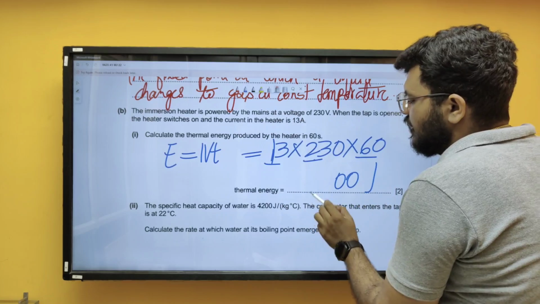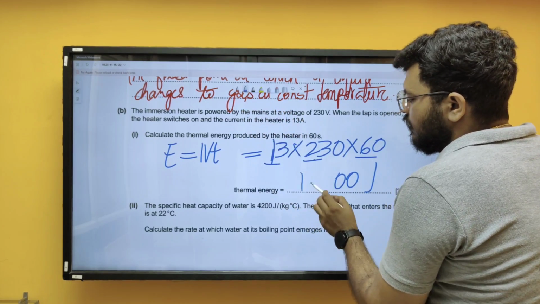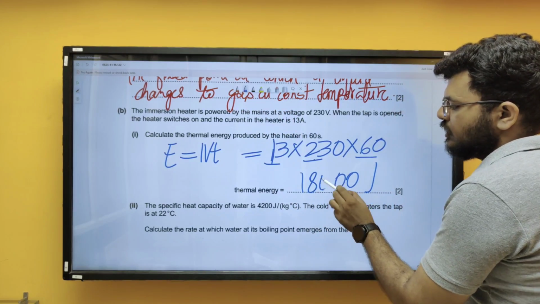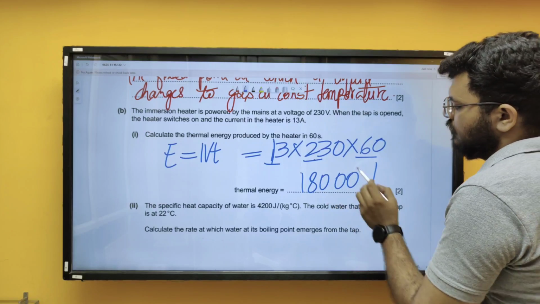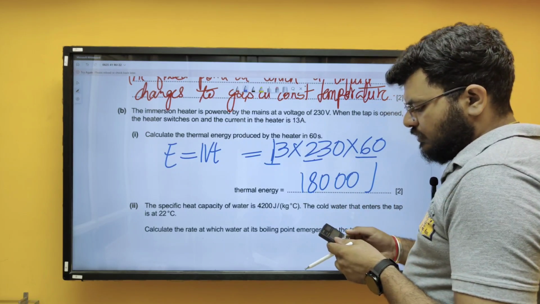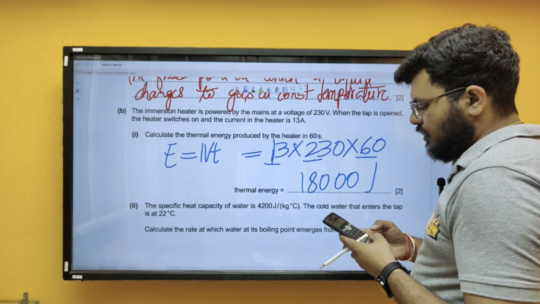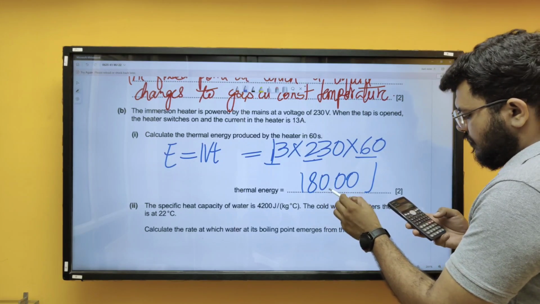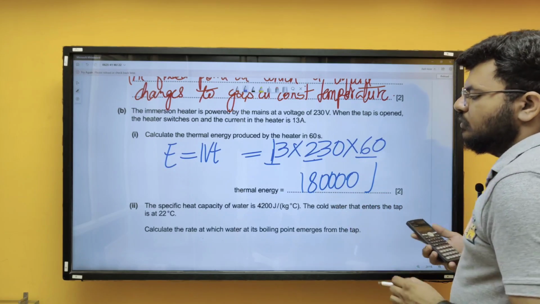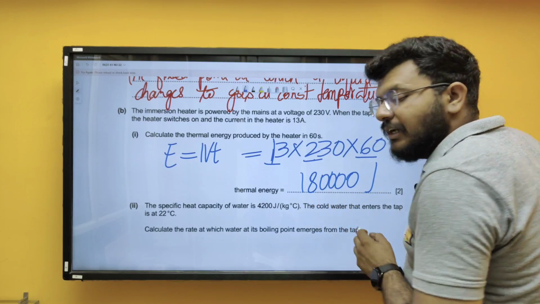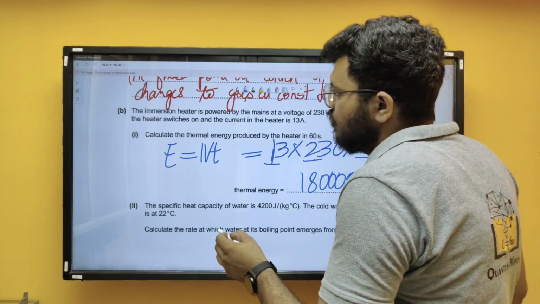So I will write this as 180 followed by zeros. Let me check, 13 into 230 into 60. 179,400, there is one more zero. These many joules, or you can write 180 kilojoules. That is also correct.